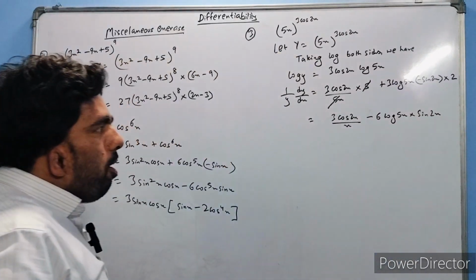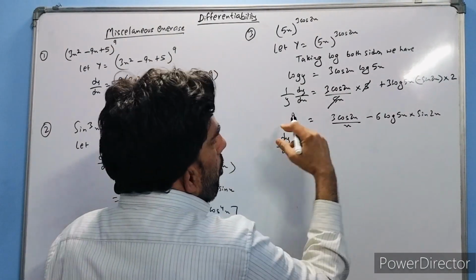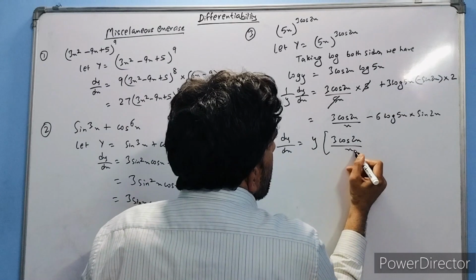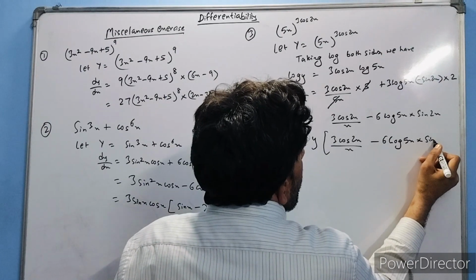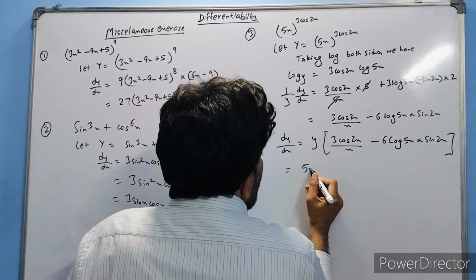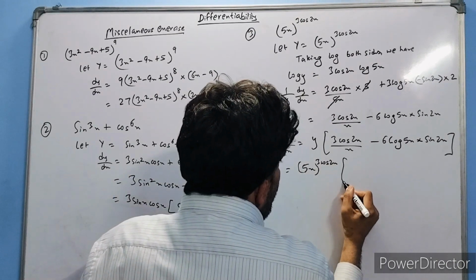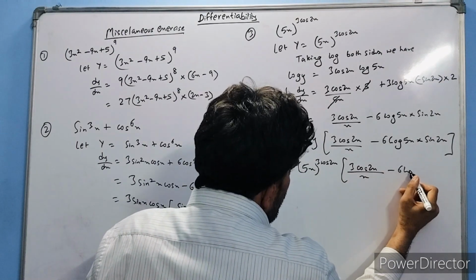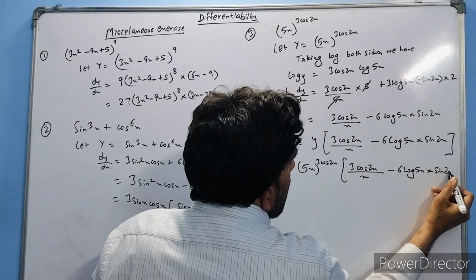Okay. So now dy by dx will be, in a very simple way, we need to take y to that side. So we have y into 3 cos 2x upon x minus 6 log 5x into sine 2x. So what is y? We can put it here. y is (5x) whole raised to power 3 cos 2x into 3 cos 2x upon x minus 6 log 5x into sine 2x.